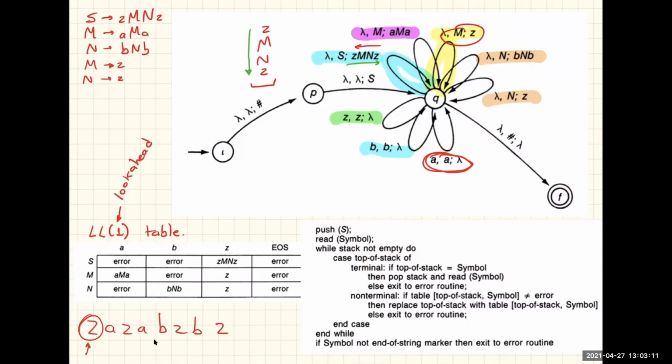It means that if the top of the stack is something like a Z, then we can read the symbol and pop stack. Take out this one. So by this instruction, pop stack and read symbol, we are executing all these instructions here.